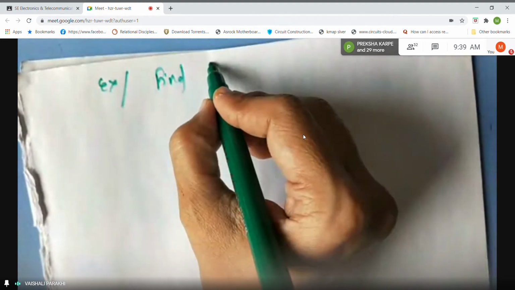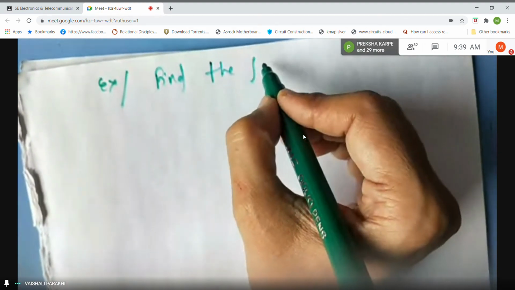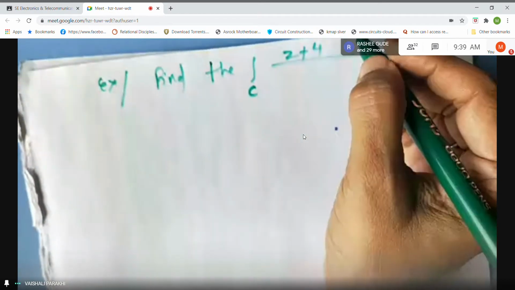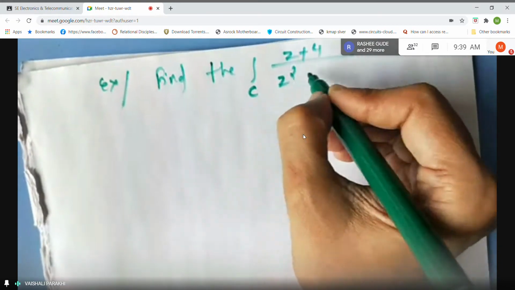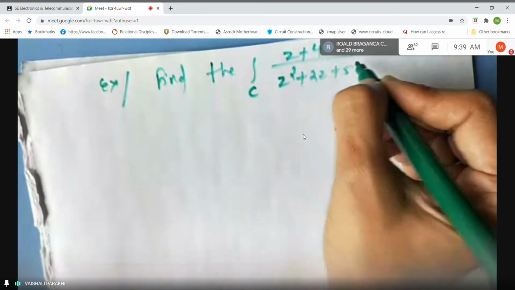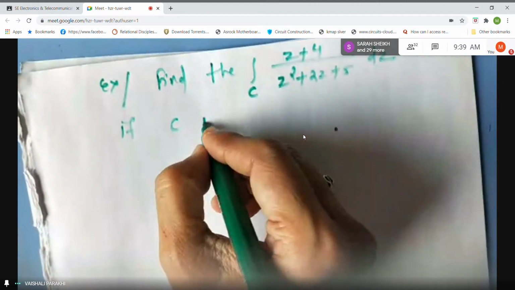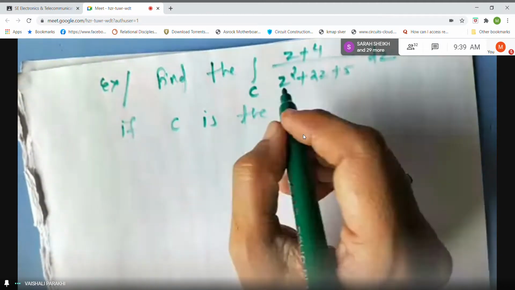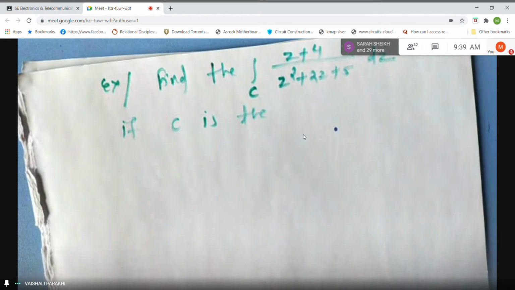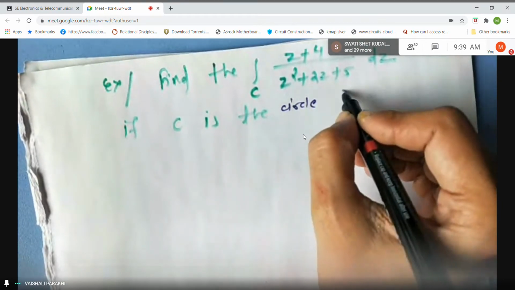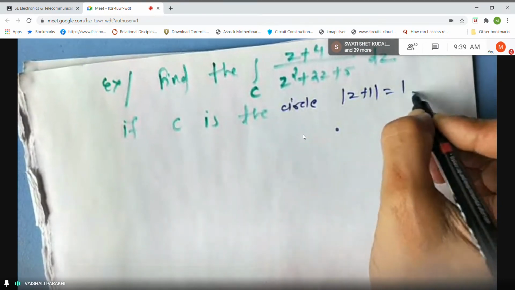So find the integral of z plus 4 divided by z square plus 2z plus 5 dz, if C is the circle mod of z plus 1 is equal to 1. Okay.